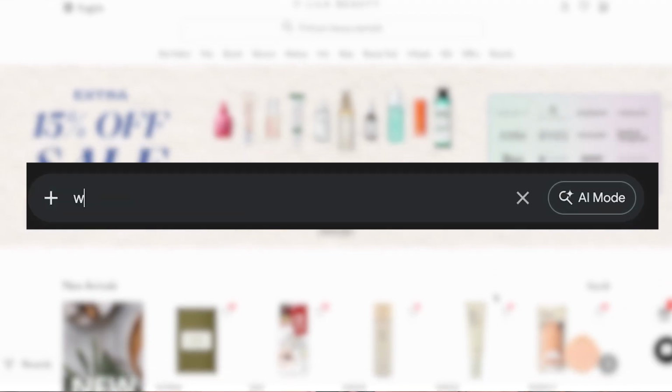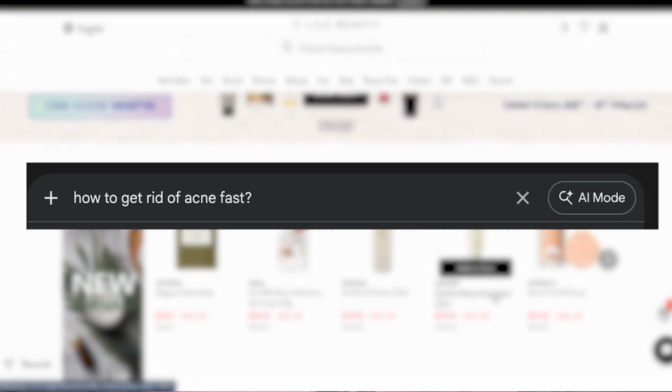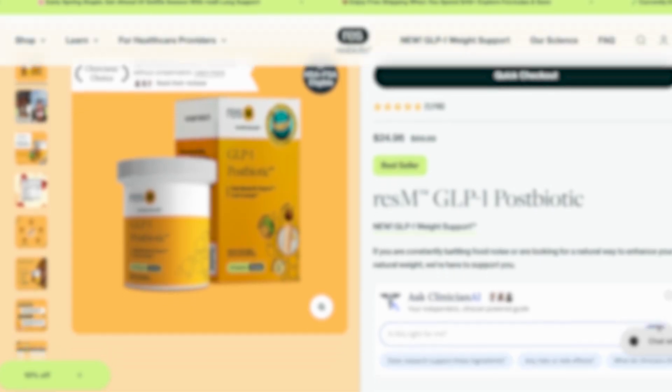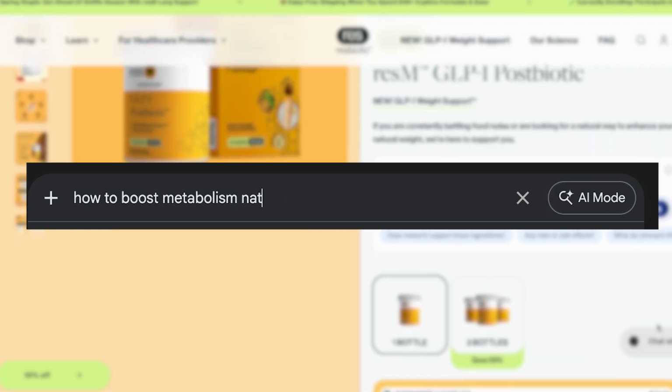Now, this isn't a magic strategy for every Shopify brand. It only works if your product solves an actual problem people search for. If you sell skincare products, people search "Why am I breaking out all of a sudden?" or "How to get rid of acne." If you sell supplements, they search "Why am I always tired?" or "How to boost metabolism naturally."